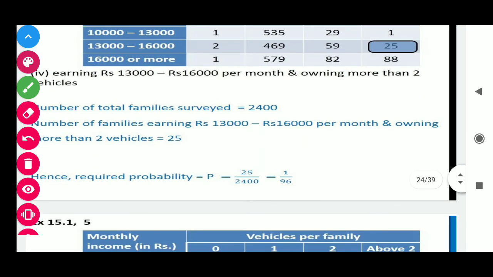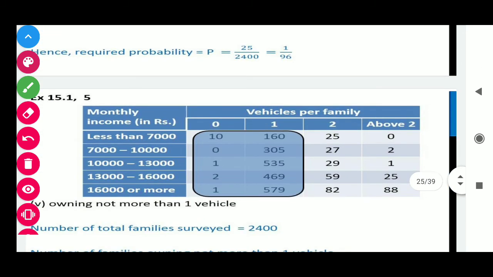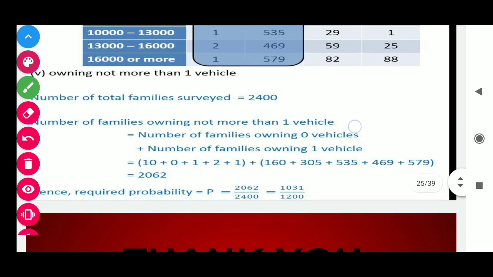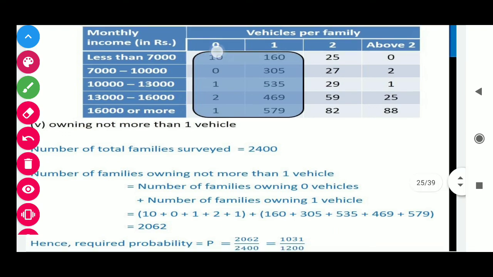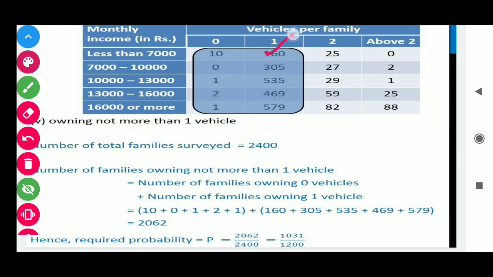I am sharing the solution here, and here is the last part, owning not more than one vehicle. Students, there is no compulsion on how much salary or income a family gains, but here is only one condition, that of owning not more than one vehicle. So students, in this way we can observe here that families have no vehicle, 0, and families have one vehicle, because the condition is not more than one.